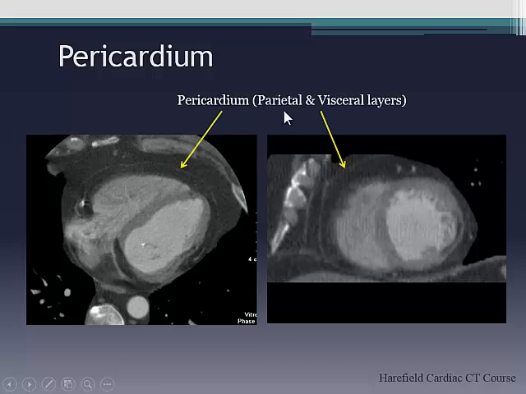Okay, so again, parietal and visceral layers, 2 layers. So MRI can be very helpful because sometimes even though CT has got better spatial resolution, remember the spatial resolution of CT is about 0.5 of a millimetre, whereas on MR, even if you do a 3D whole heart sequence, you very rarely get less than about a millimetre. But where MR is advantageous over CT is the tissue characterization.